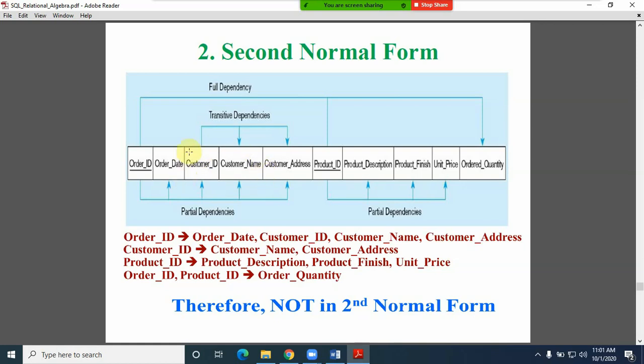By using the customer ID we can get the customer address. With the help of the customer name I can get the customer address, which we have seen earlier. So suppose student ID gives the name, and student ID gives the marks, name gives the marks. Automatically those three dependencies are there. So that is what you call the transitive dependency.